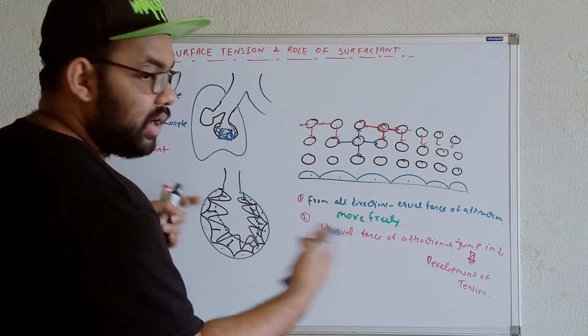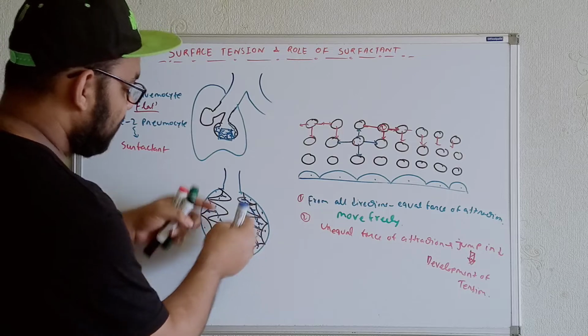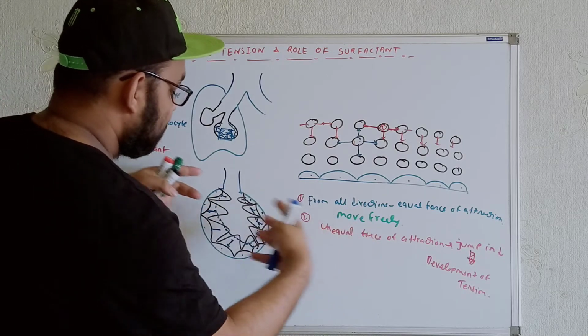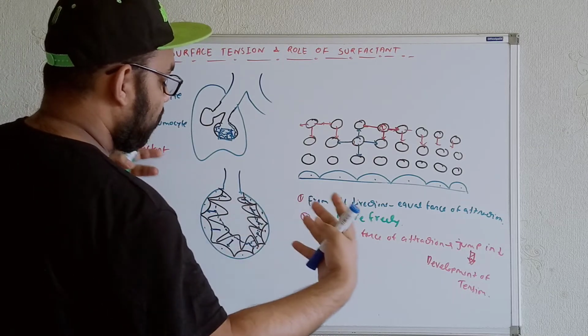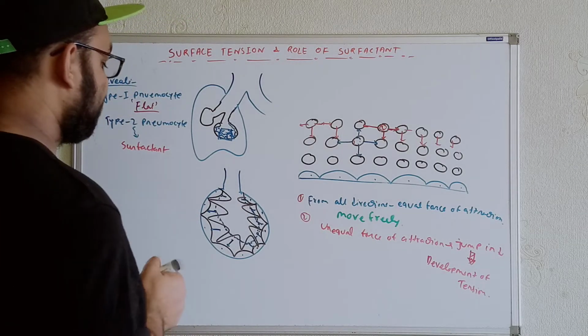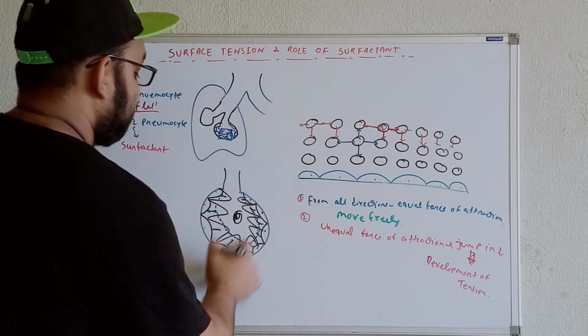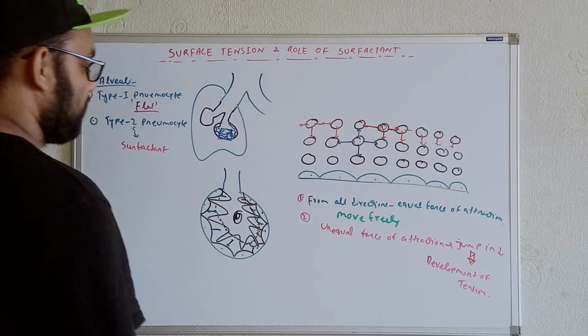They will tend to collapse because whenever the surface area is less, it goes inward. As a result, the alveoli will try to collapse. So we get the collapsing tendency. Definitely there will be some pressure created, and this type of pressure is known as collapsing pressure.